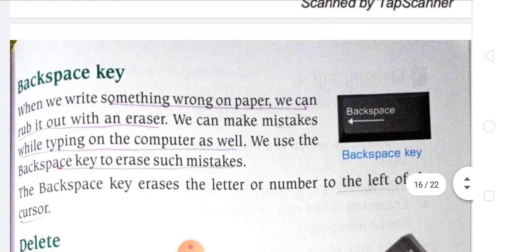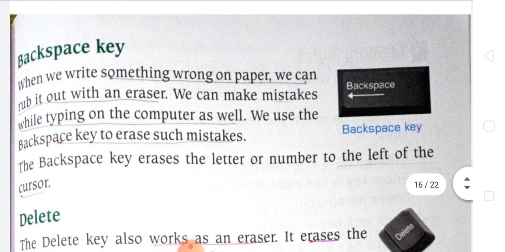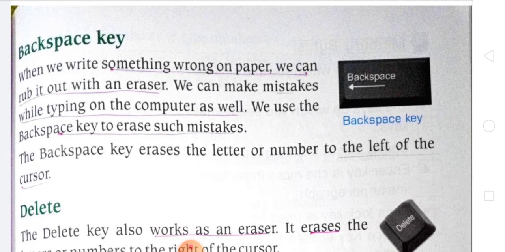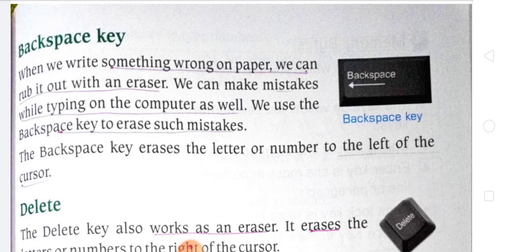Okay, so then the backspace key. When we write something wrong on paper, we can rub it out with an eraser. We can make mistakes while typing on the computer as well. We use the backspace key to erase such mistakes.